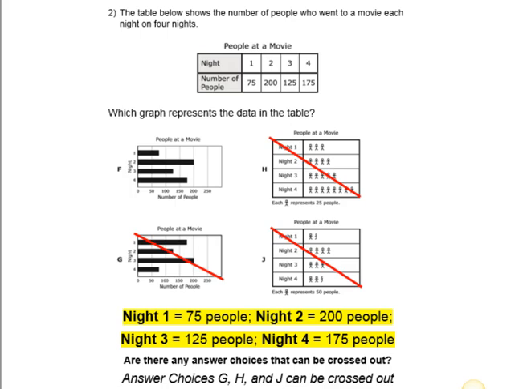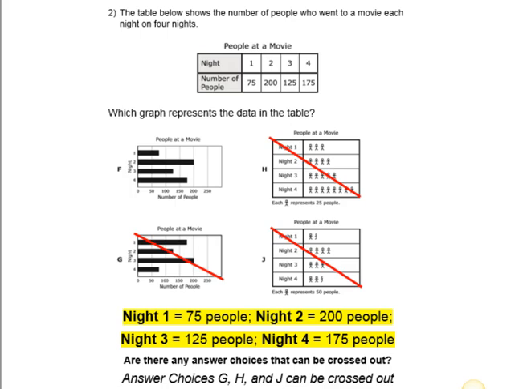And also for J, it shows 75 for that first night because each person represents 50 people, so they show 1.5 people. That's 50 plus 25, so that's correct, that's 75. And then for night 2, it does show 200 people because one person represents 50 people.